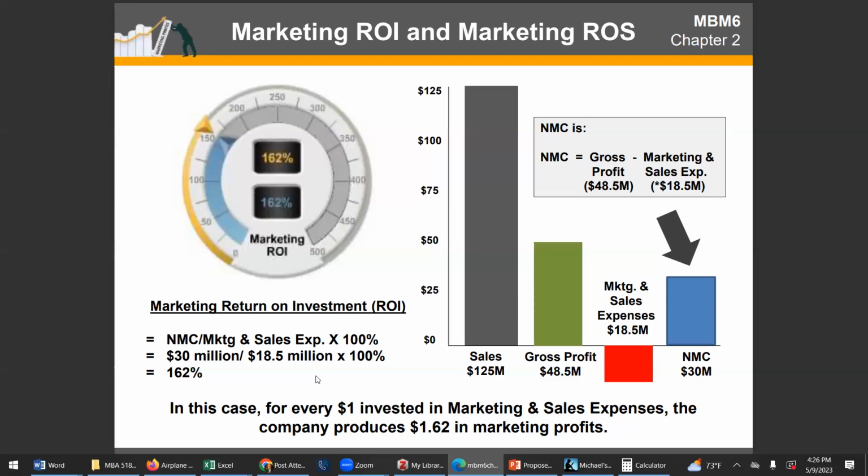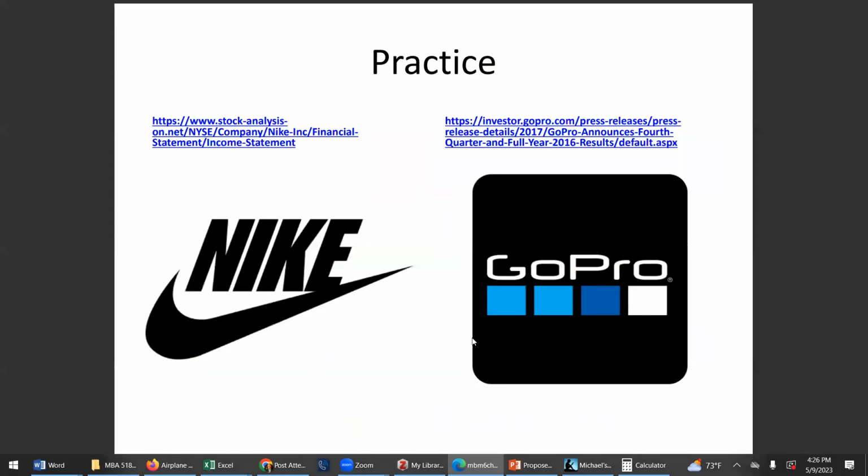So this notion of investing money and returning it has biblical support. It certainly is the foundation for the notion of capitalism in the world. And so it is important for us to use the marketing lens to give us a fuller picture of the overall business performance.